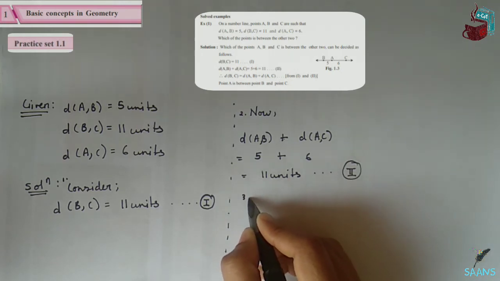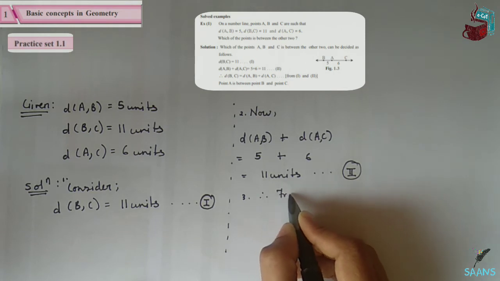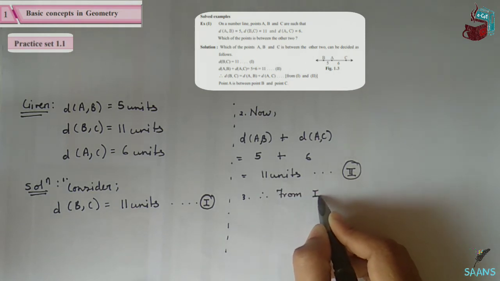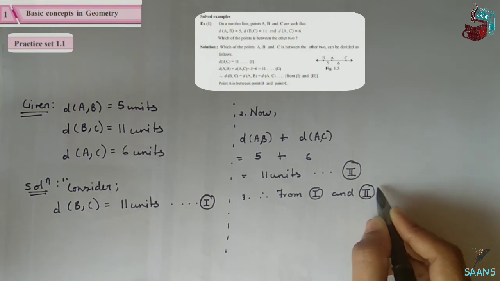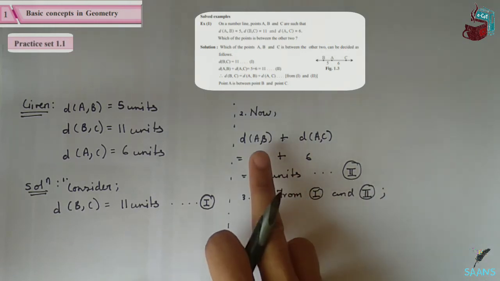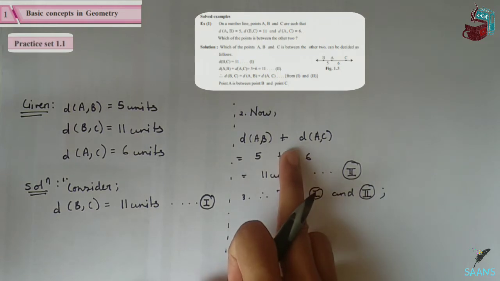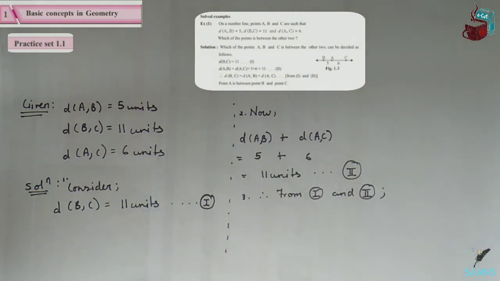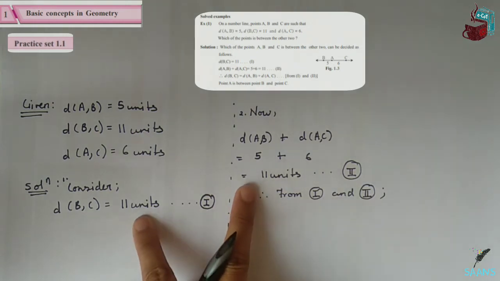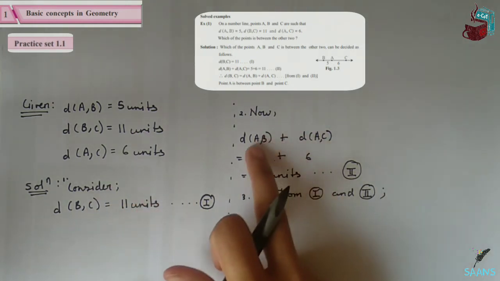Last step, therefore, from 1 and 2. Since the smaller distances that you added and the larger distance are equal, you can see 11 units and 11 units.